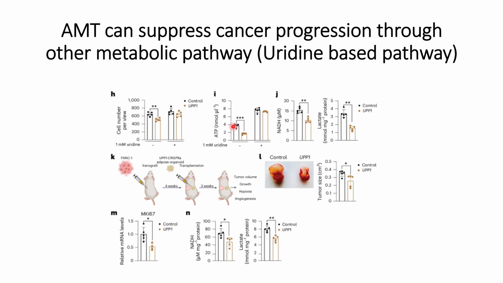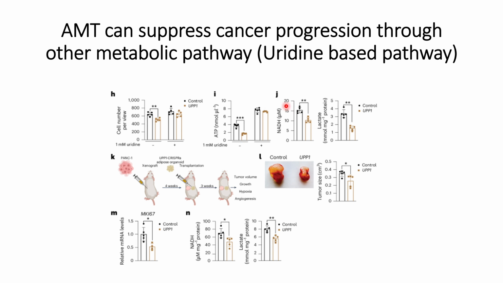And these things are regained when cell culture medium is supplemented with 1 millimolar uridine, indicating that the uridine could be the reason behind the decrease in the ATPs.